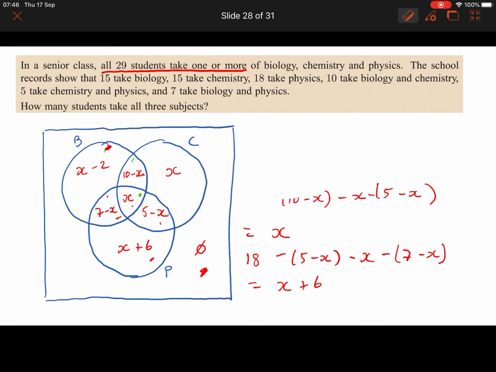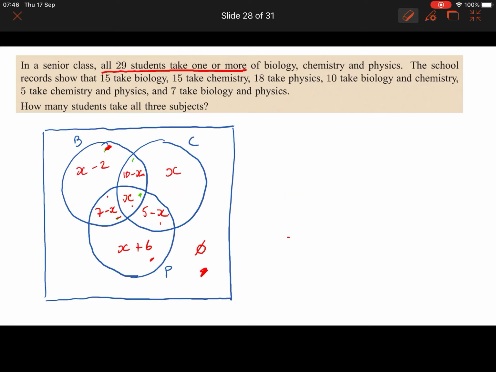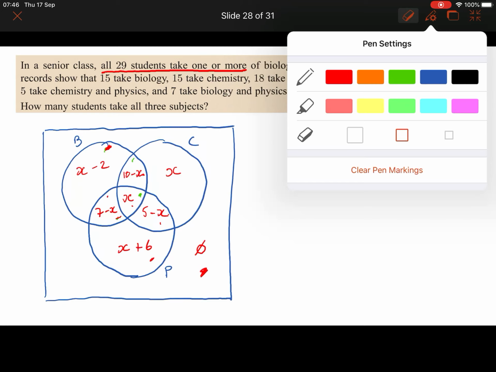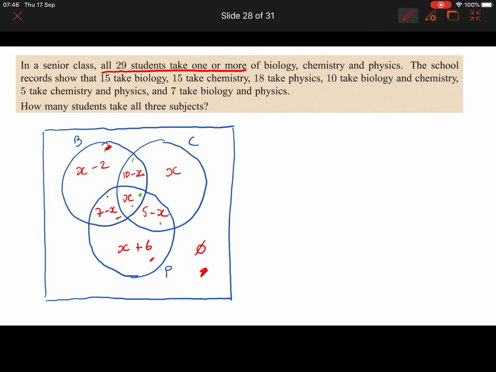So all that remains to do is try and work out what x is. Okay, and what we need to know is that the universal set adds up to 29 elements.